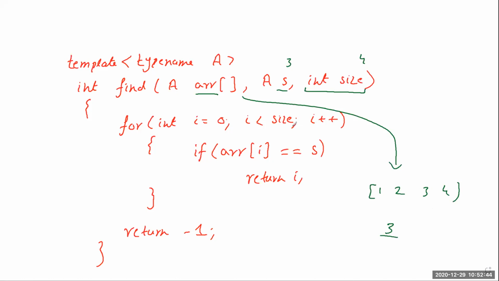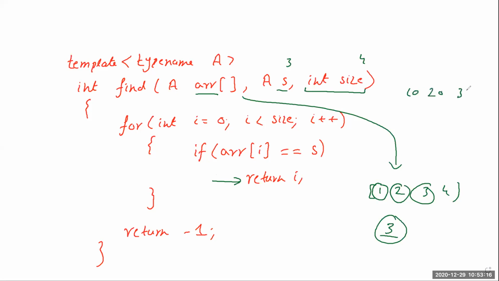You have a for loop, you are checking every position of the array and comparing it with s. s is actually a value that you are searching for in the array. It will return the position at which it found this value. And if the loop terminates, your program never comes here, it means you did not find the value, and it will return -1.